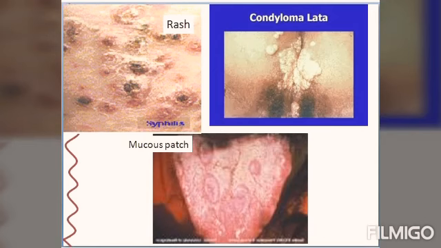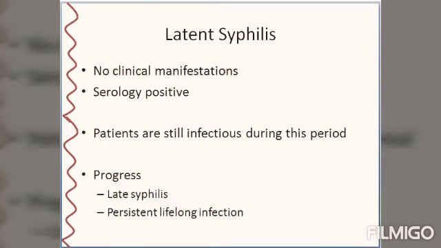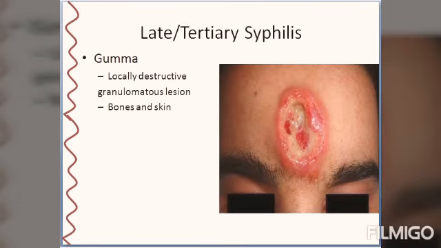Next is about latent syphilis. Here the clinical manifestations are absent. The patient will be serologically positive and remains infectious during this period. If latent syphilis progresses, it will lead to late or persistent lifelong infection.